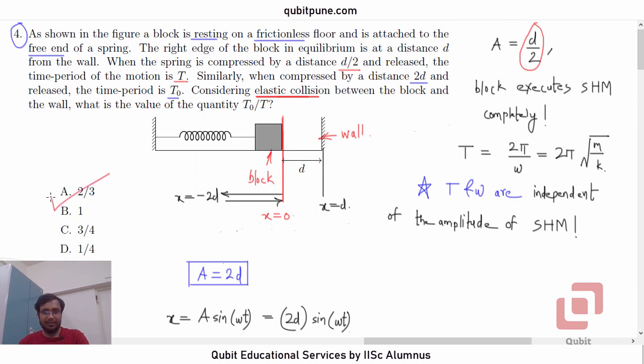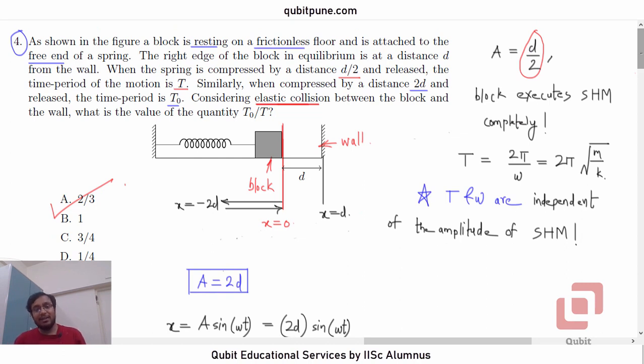That completes the fourth question. Again, as I have told you many times, they tend to mix concepts and form a question. So to solve this question, it is not sufficient to know just the theory of elastic collisions or just the theory of SHM. You need to know both very well, only then you can apply and solve the question.